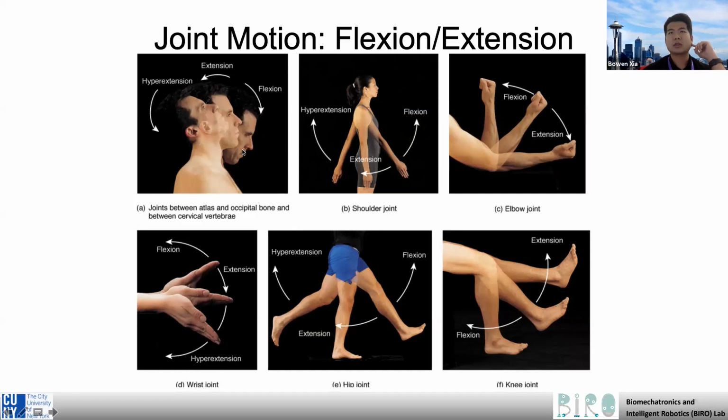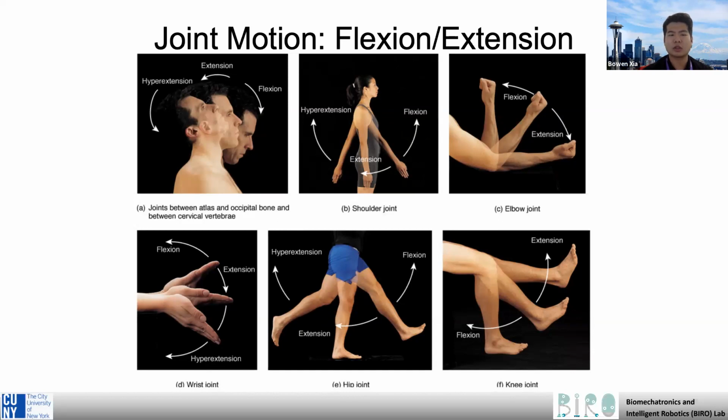This is an easier way for me to remember which one is flexion. If the joint is bent, normally it would be flexion, and if a joint is extended, that would be extension.